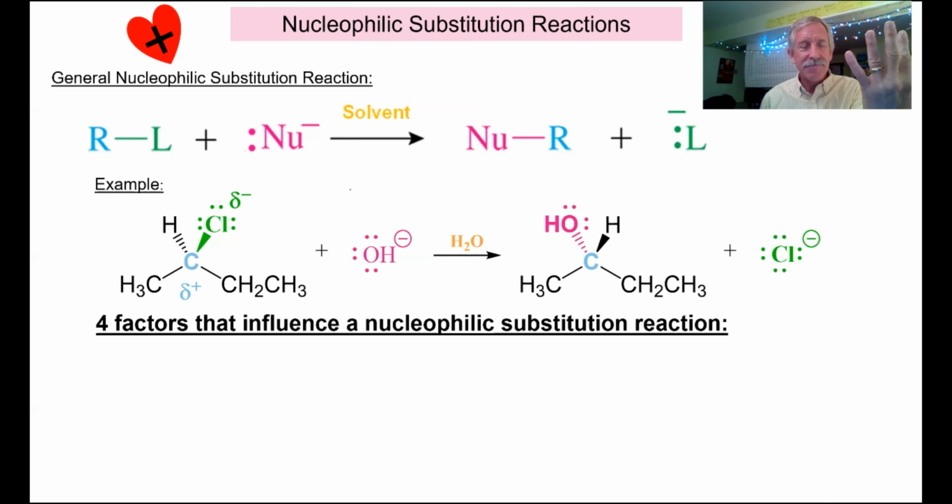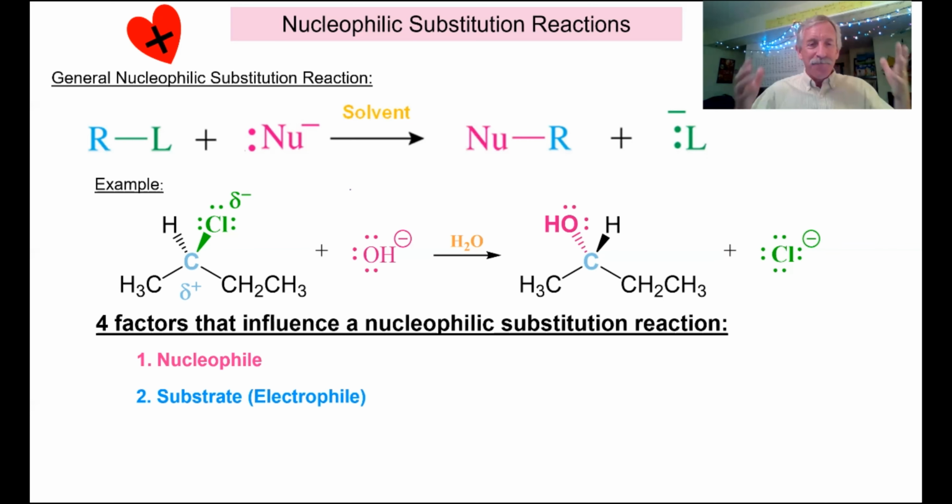4 things. Yes, of course, they need a nucleophile. So you got to spy this nucleophile, right? But the nucleophile then needs to fall in love with, you guessed it, an electrophile. More specifically, an electrophilic atom.